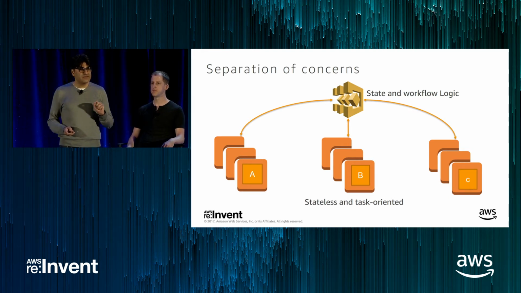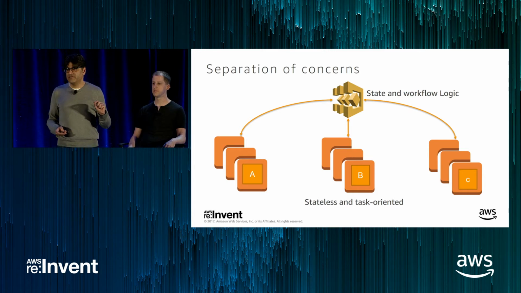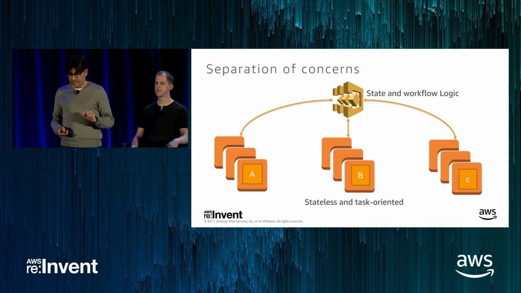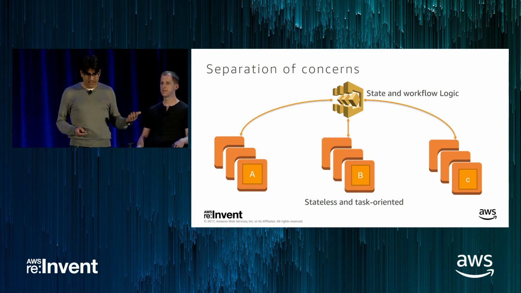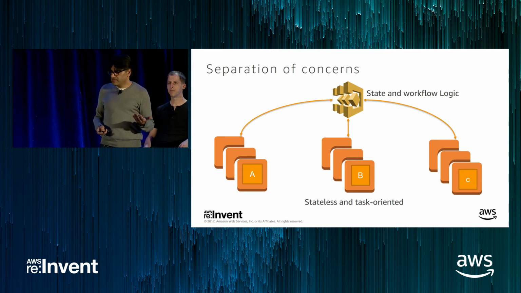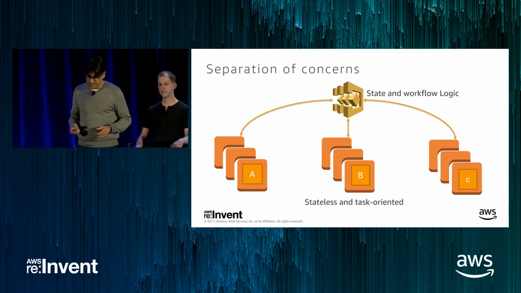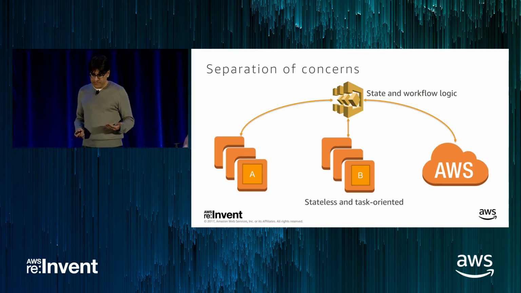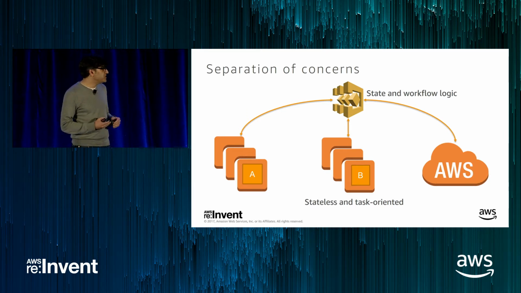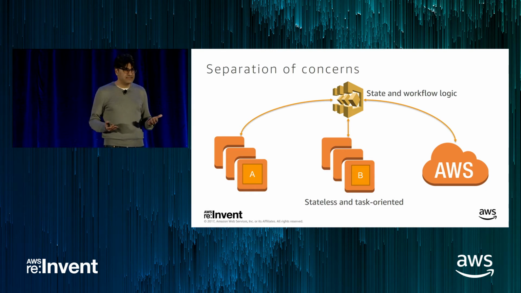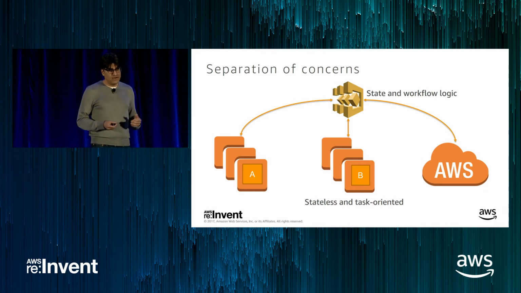And then you keep track of the state of your workflow in a separate layer of your application. This layer takes care of the overhead of retry, timeouts, error handling, conditional branches, and parallel steps. And it doesn't need to work exclusively with your compute resources. You can also leverage AWS resources as your task list workers. So how do you do this?